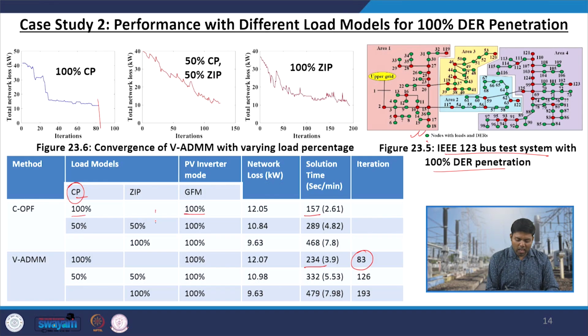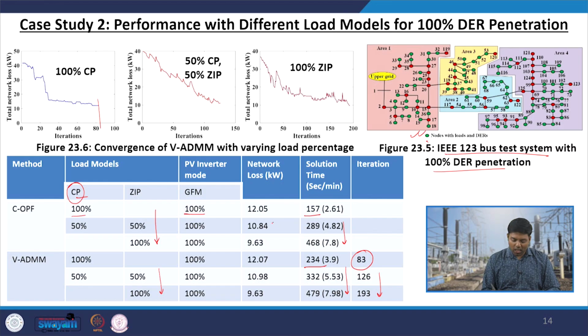If you enhance the load percentage of the ZIP, for both the distributed and the centralized, you can see the solution time is increasing for both the vanilla ADMM and the centralized OPF. Even the iteration number is also increasing, though keeping the inverter model the same.